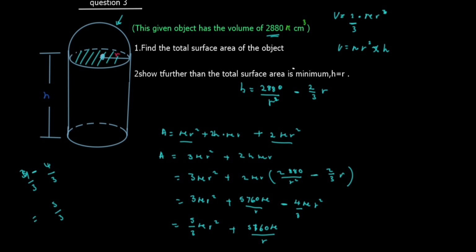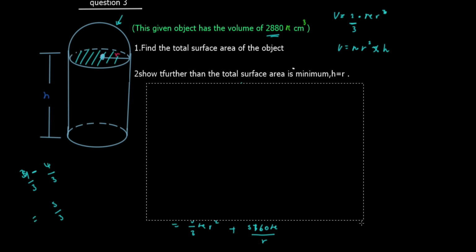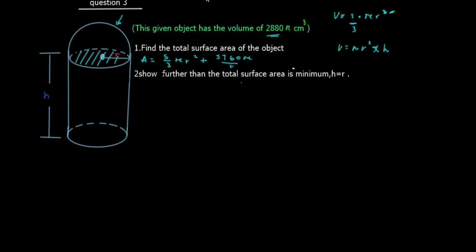Now let me get rid of things that I won't need. The question says, show that the total surface area is minimum when h equals r. The first thing that you're going to do is to differentiate this and equate it to 0. And then the thing that you can do is to solve for r.